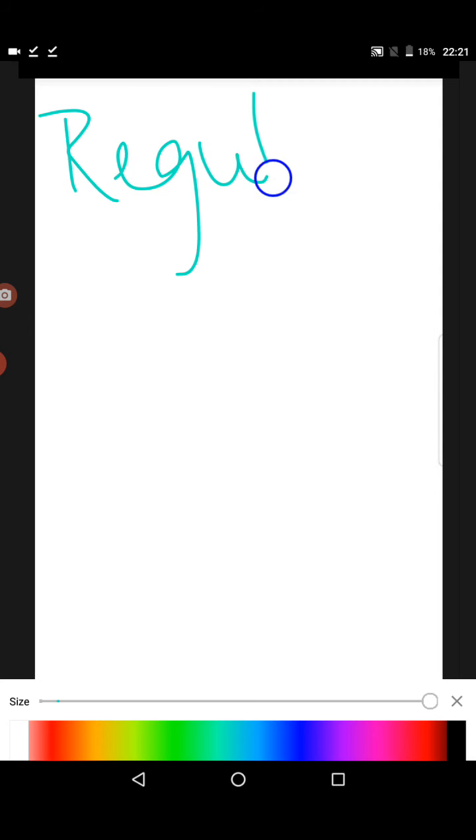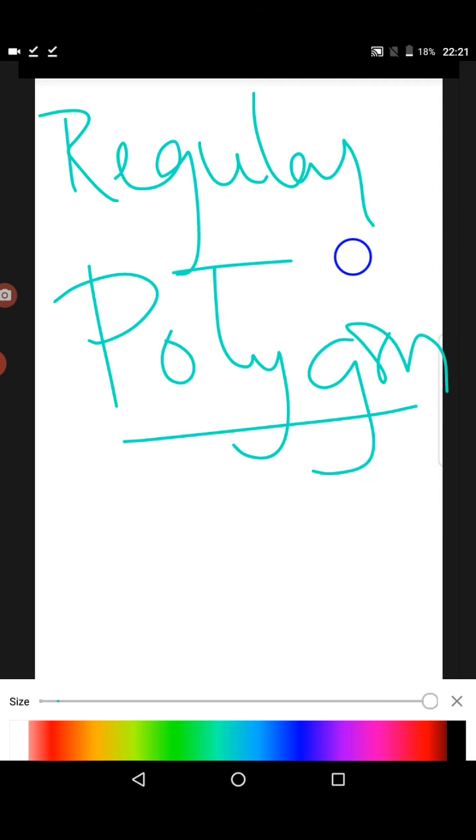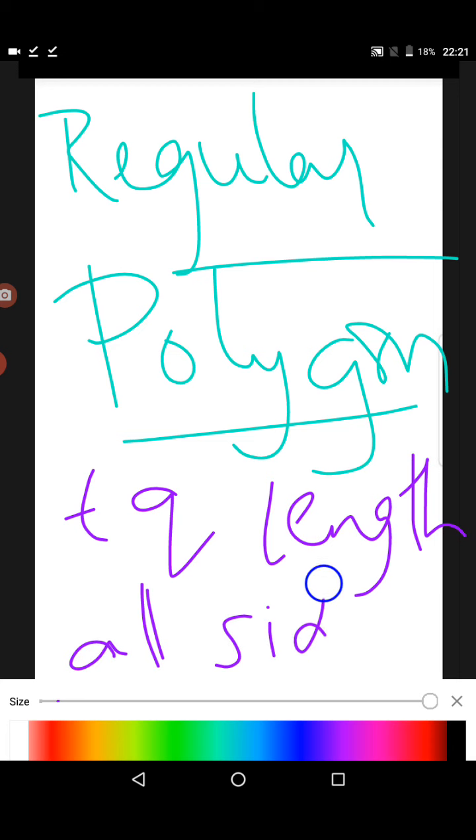Now, after learning this, we need to know something about regular polygon. So there is some difference between a polygon and a regular polygon. A regular polygon is nothing but it has equal length in all sides. So this is one of the points in that.